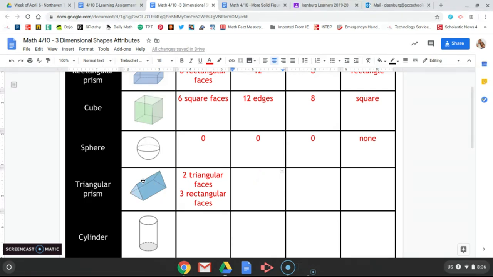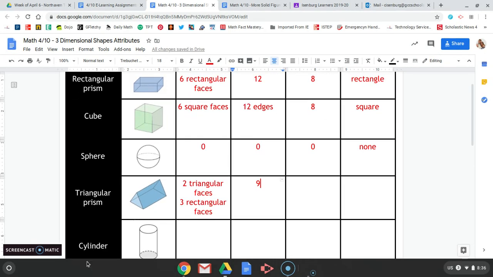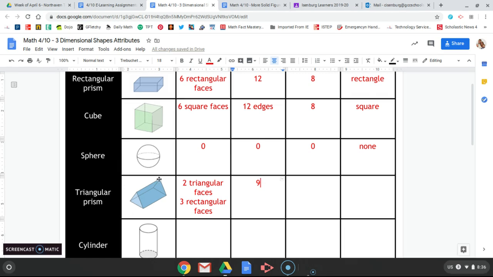Okay. Then for edges, all right, let's count them up. We got 1 on top, 2, 3, and then we have the sides of the triangle, 4, 5, 6, 7, 8, 9. So there are 9 edges on a triangular prism. Let's talk about vertices. 1, 2, 3, 4, 5, 6.